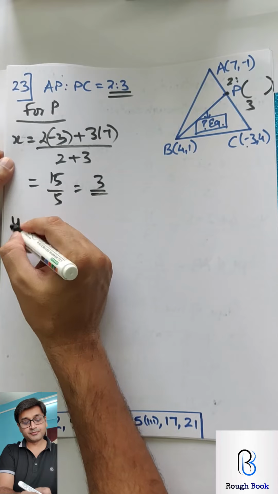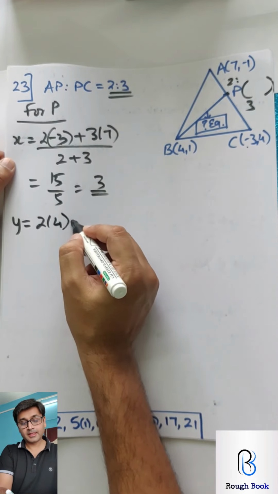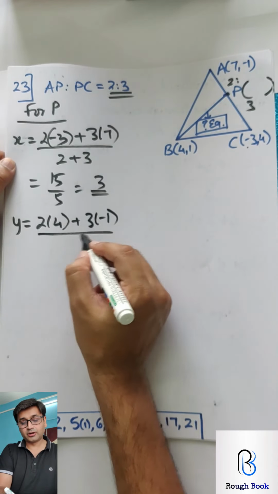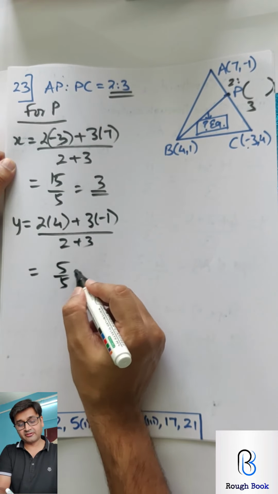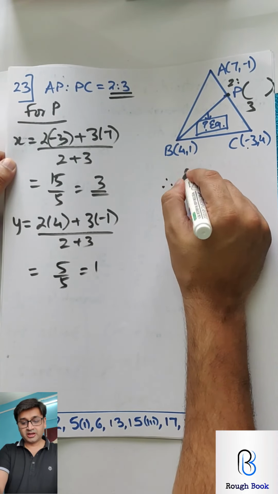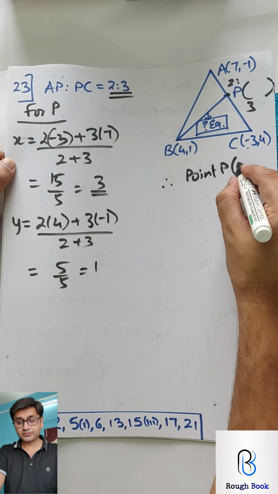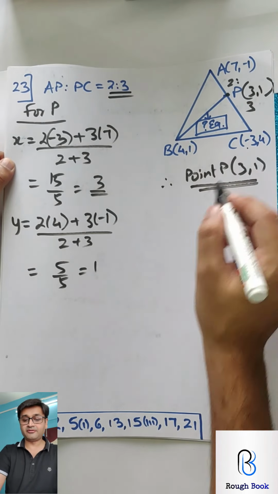Let's find y. So y will be 2 into 4 plus 3 into minus 1 upon 2 plus 3. That is 8 minus 3, 5 by 5, so 1. Therefore point P is 3 comma 1.